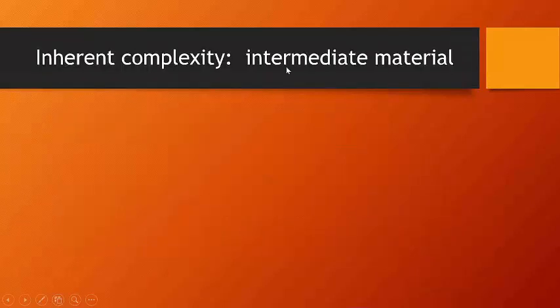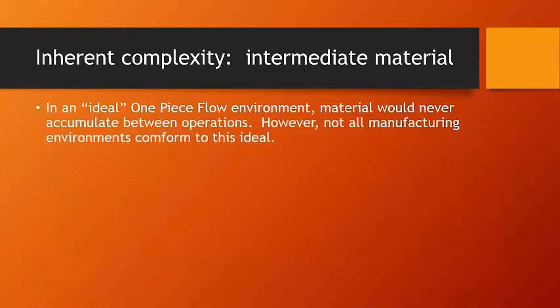Okay, so let's delve into the specific question a little more deeply. Now, in an ideal one-piece flow environment, material would never accumulate between operations. Okay, however, not all manufacturing environments conform to this ideal.